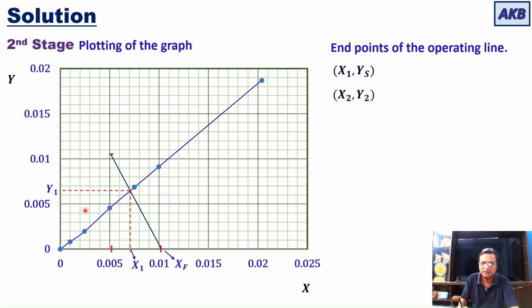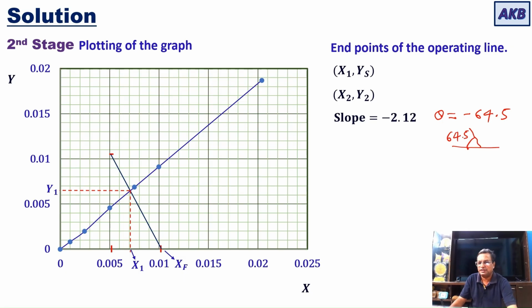So, X1 is over here. The operating line for the second stage should start at this point. The slope of the operating line is minus 2.12. That is the angle made by the line, if it is measured in clockwise direction, minus 64.5. So the line will be making an angle of 64.5.